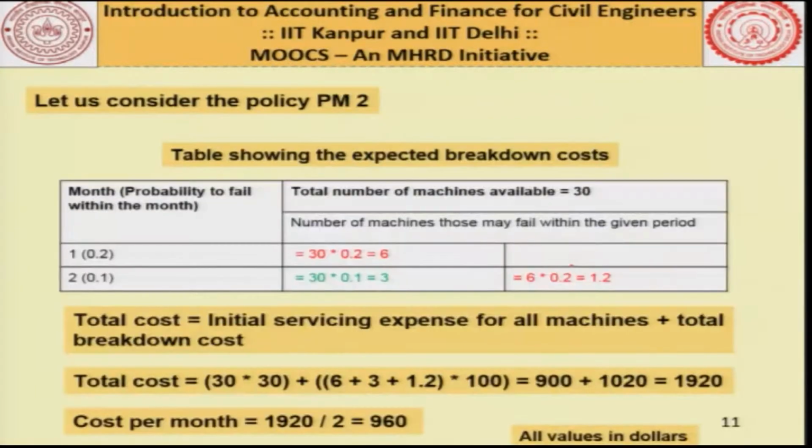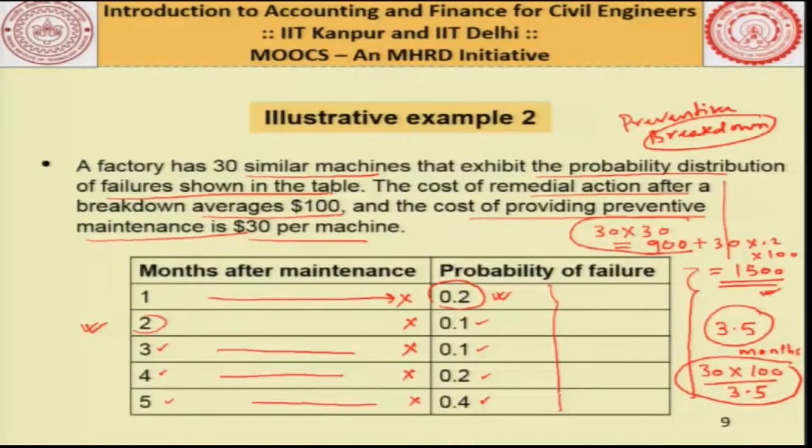Now in case of the PM2 policy, let us say that means every 2 months you have decided to maintain the equipment using preventive maintenance policy. So in that case the cost will be calculated like this. First month, out of 30 equipment, 20% will go under breakdown. So you can see 30 into 0.2, it is 6. Next month again 30 into 0.1, if you go back to the table, it says first month probability is 0.2, second month probability is 0.1.